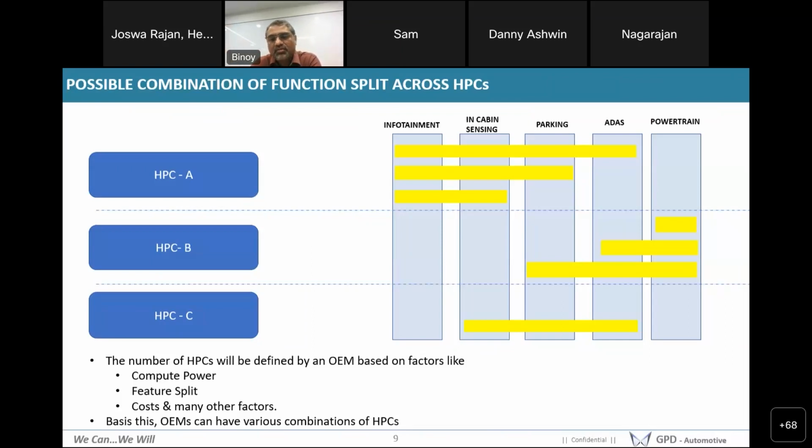There are some OEMs who do parking, ADAS and in-cabin sensing in one. There are some OEMs who do parking, ADAS and powertrain in one. There are different ways and means of combining these things, but combining of domains is happening. How each domain is combined, many OEMs decide in their own ways. Any questions there? I hear something.